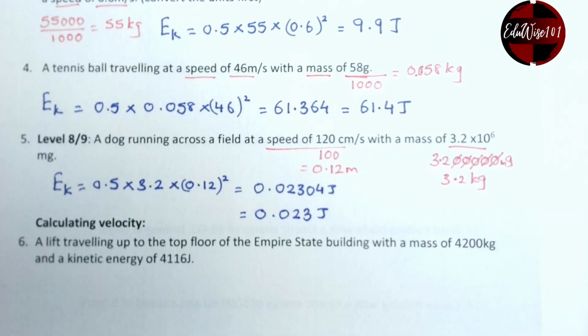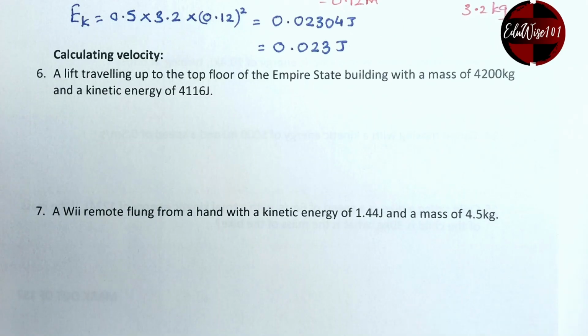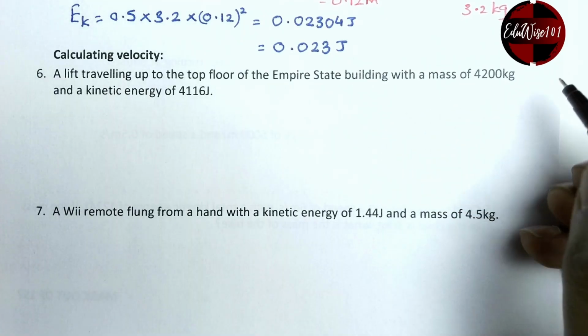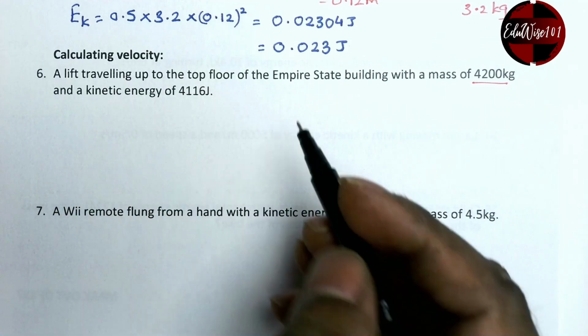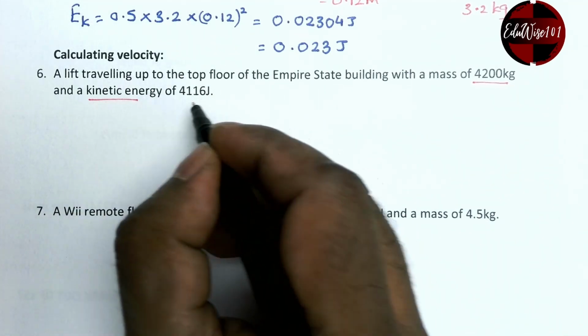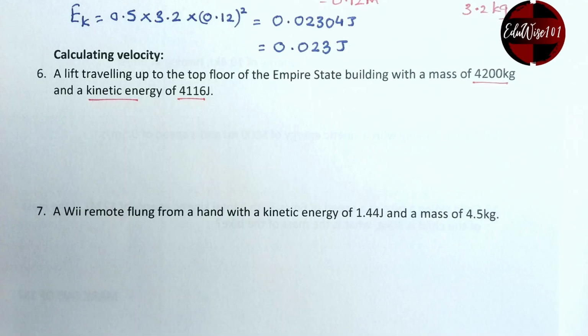Question number 6. A lift traveling up to the top floor of the Empire State Building with a mass of 4,200 kilogram and a kinetic energy of 4,116 joules. So we are calculating the velocity now.